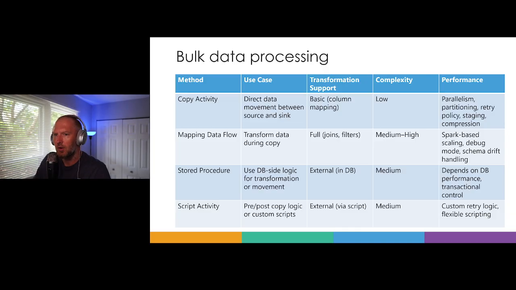First of all, we have the copy activity, which is a simple and straightforward activity. You have a source and a target, or sink. You just need to configure and map the data schema that you need to transfer from one source to another destination.